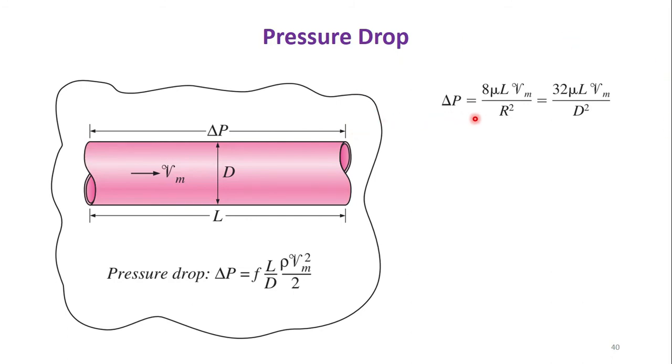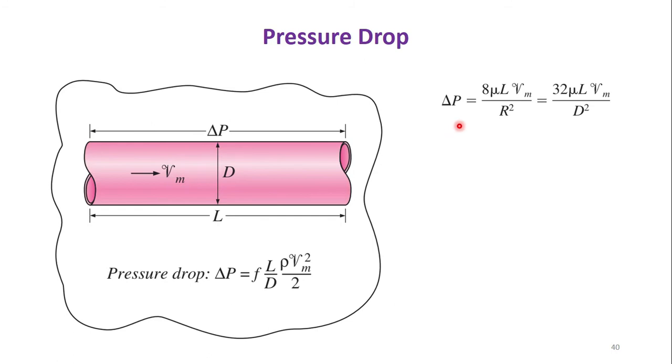Since it is directly related to the power requirements of a fan or a pump to maintain the flow, it is very important to determine the pressure drop in the equipment. It will ultimately determine how much power is needed to flow the particular amount of fluid in that particular equipment.